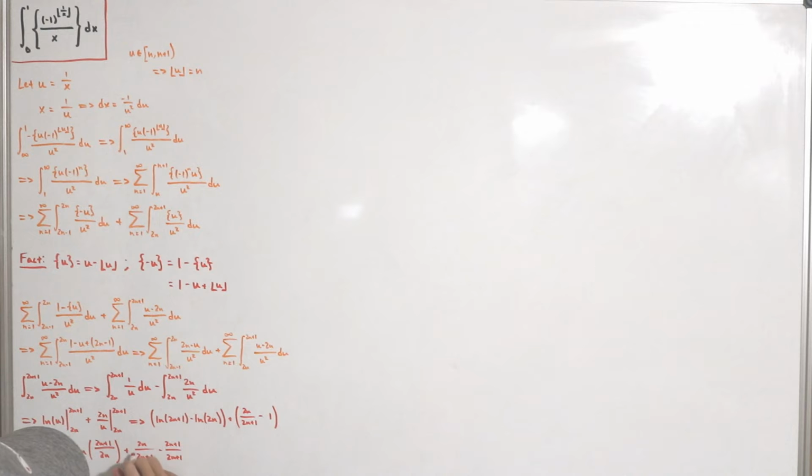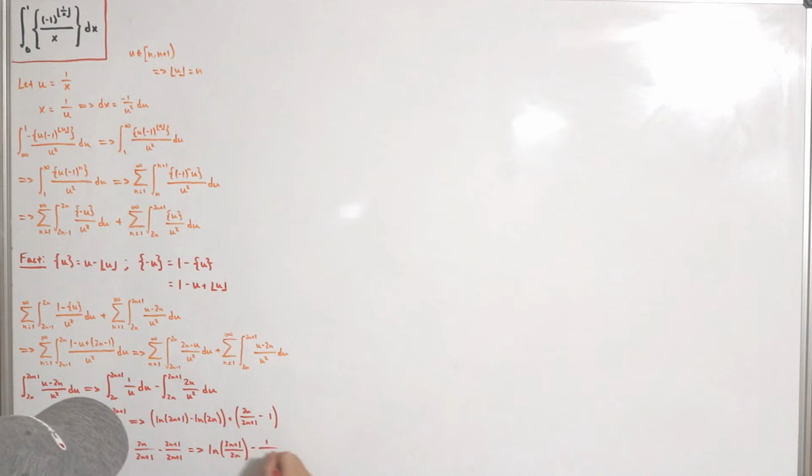If we subtract these, 2n minus 2n is 0, and this is just negative 1 over 2n plus 1. Therefore, this is ln of 2n plus 1 divided by 2n, and then minus 1 divided by 2n plus 1. Okay, let me box this.